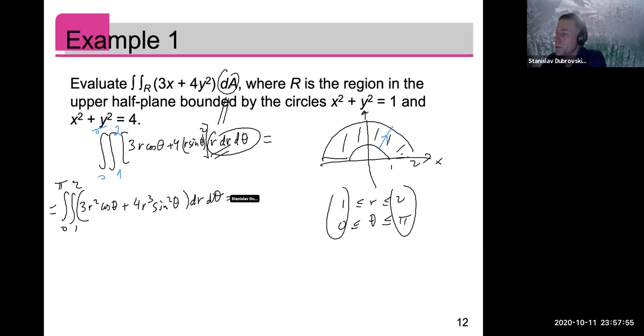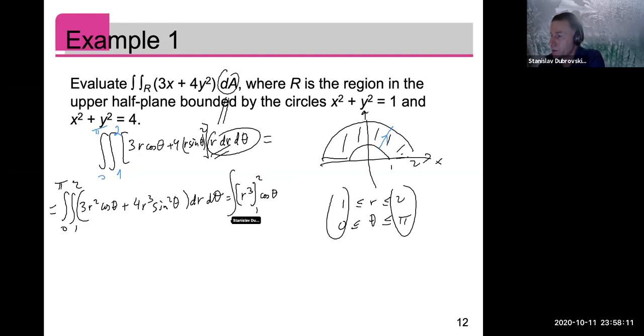Integration with respect to r is pretty easy. So we'll have r cubed over 3. So we'll just get r cubed here from 1 to 2, cosine theta.